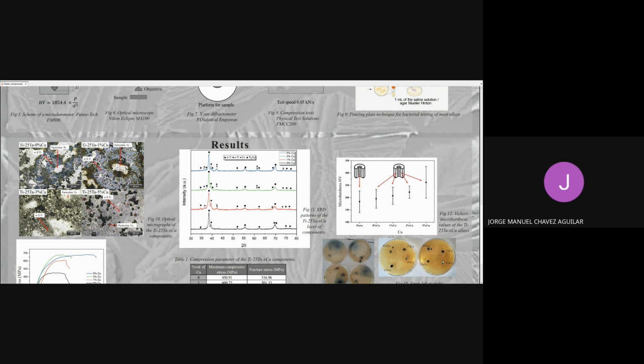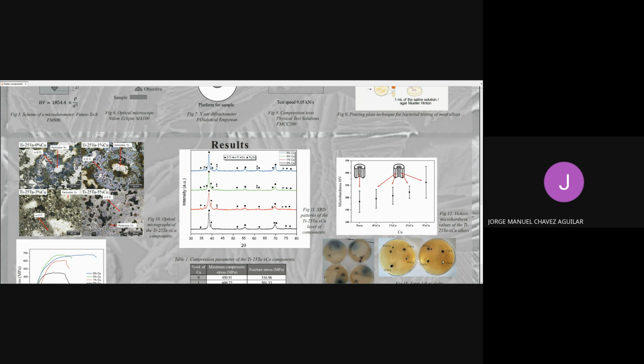microstructure characteristic of a stabilized titanium. Also, we found undiffused tantalum particles, and this corresponds to the inner and the outer layer, but without copper additions.